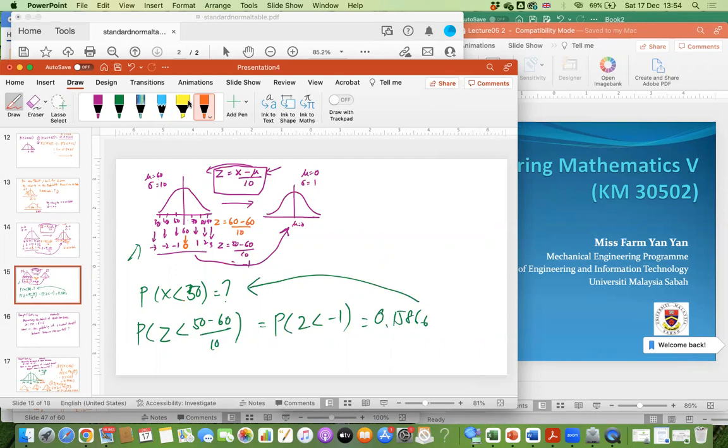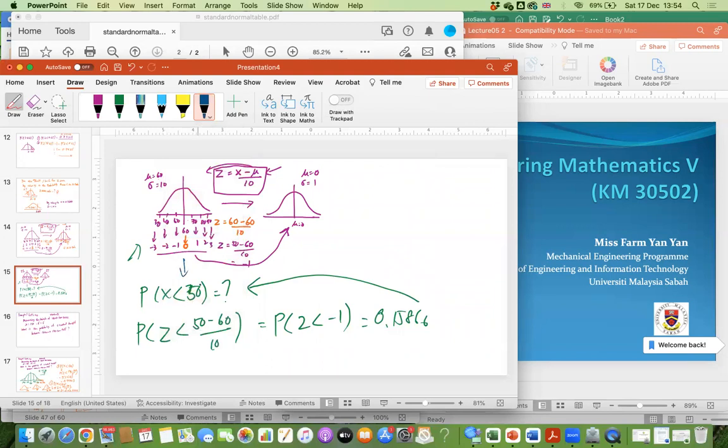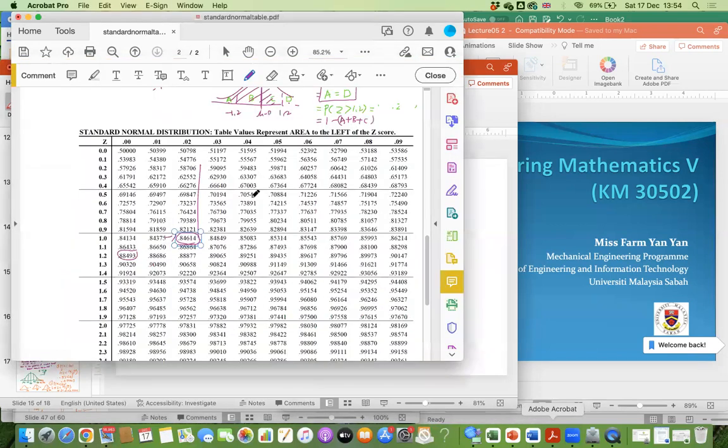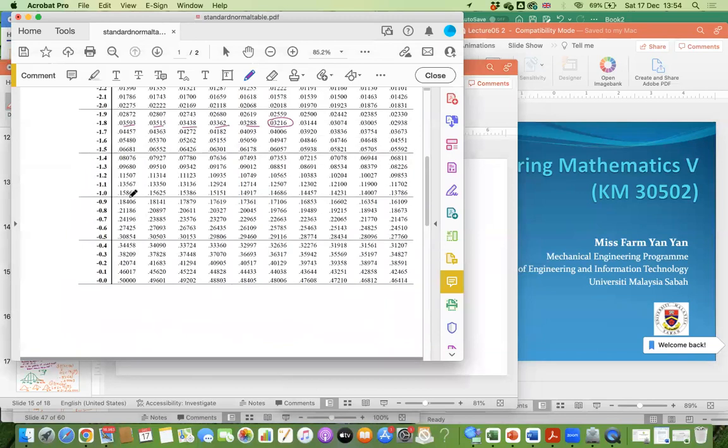It's not showing the graph. So, 50 minus the mean 60, over 10, is -1, and therefore I can refer to the table for z of -1, which is 0.15866.